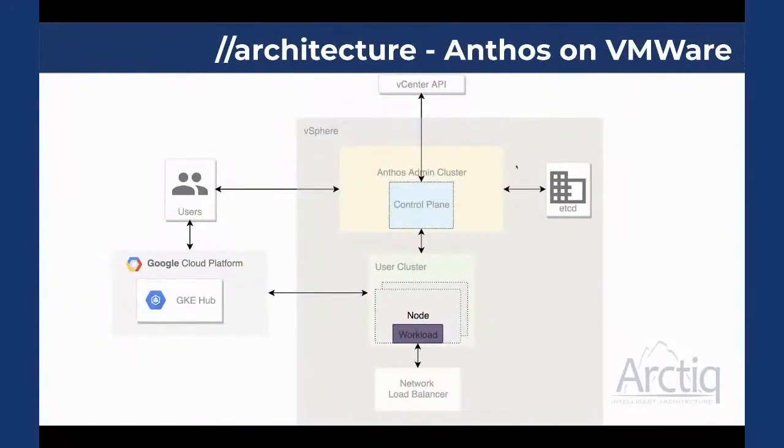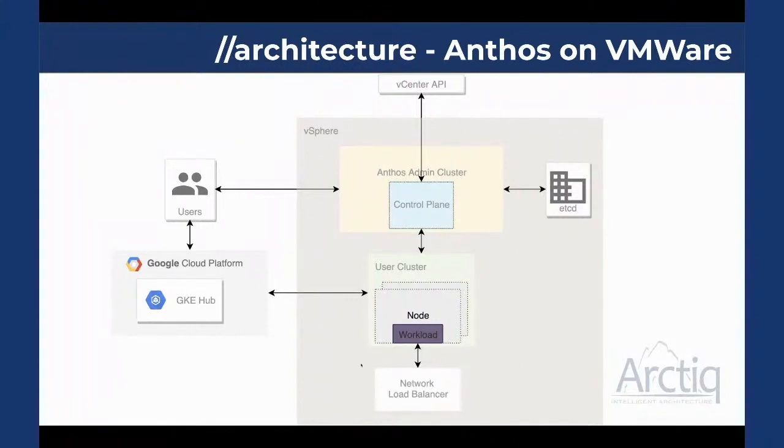And similarly, for Anthos on VMware, we also have two main components. First is the admin cluster and also the user cluster. The user cluster is where you will be running your containerized workloads and services. And the admin cluster is the base layer where you can spin up your user cluster from. Similarly, you can have multiple user clusters with the same admin cluster.